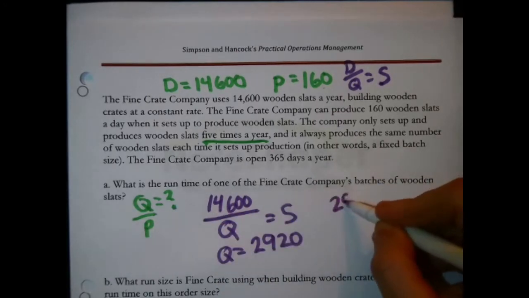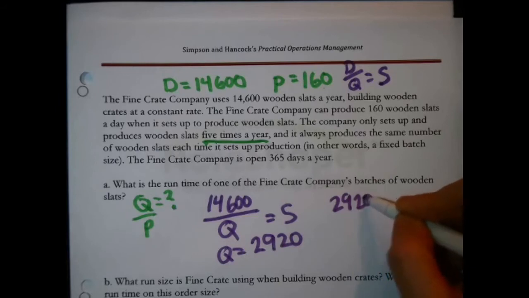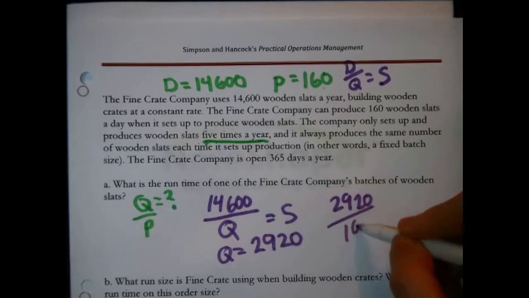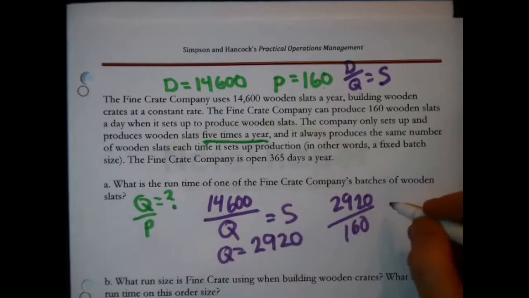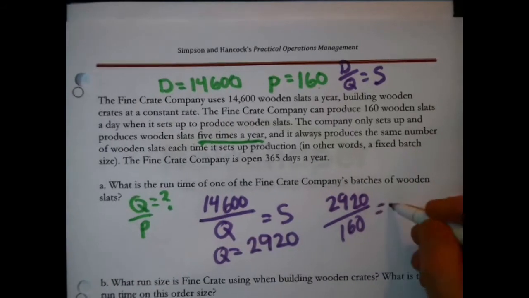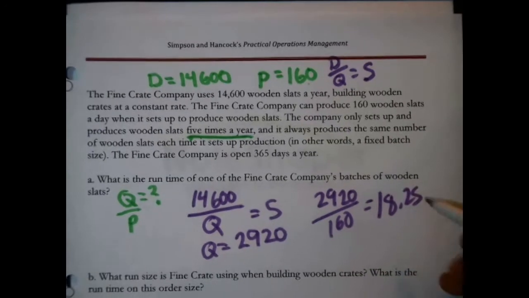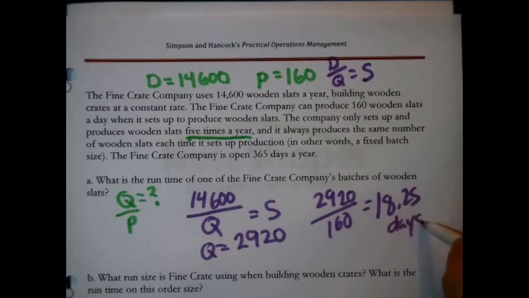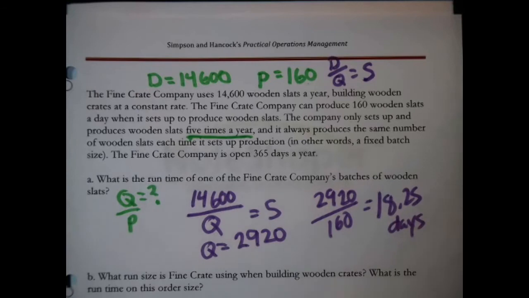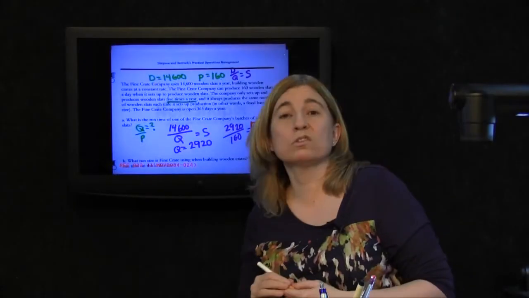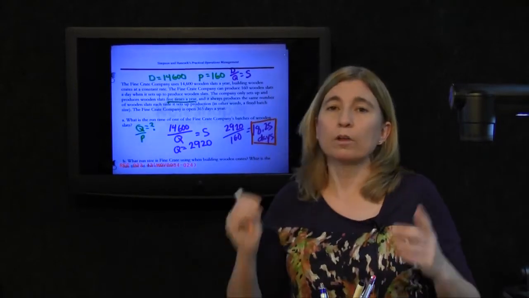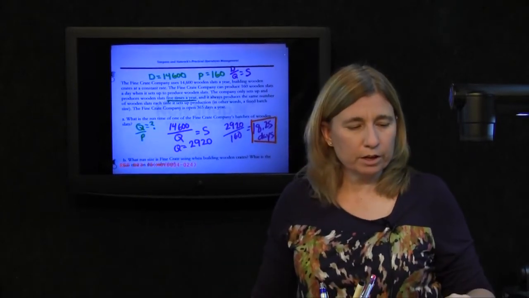I'll take the 2,920 and divide it by 160, because that is how you calculate runtime. Q divided by P, and I get 18.25. Well, that's the answer. The runtime on one of their orders is a little bit over 18 days. Oh, okay. There, that's answered.